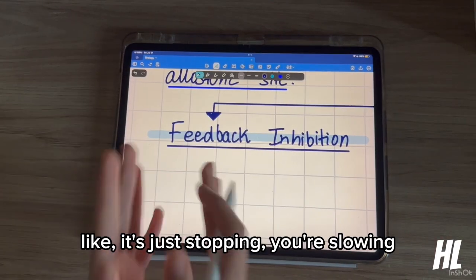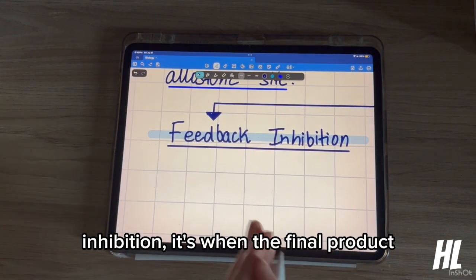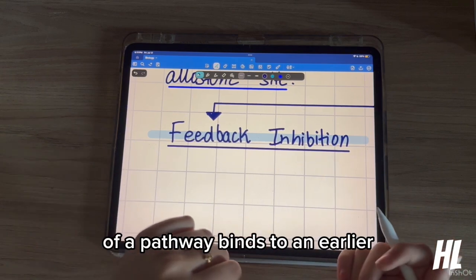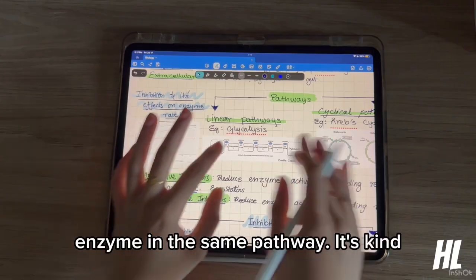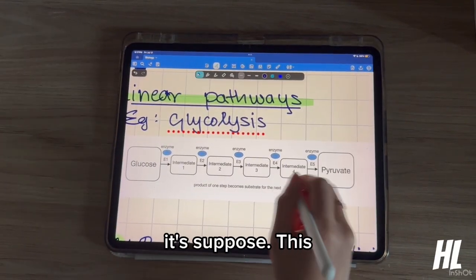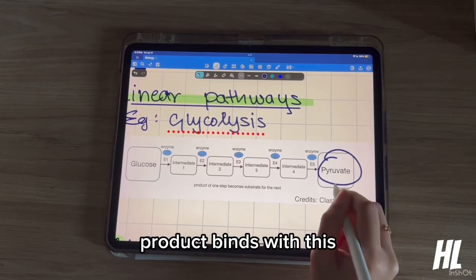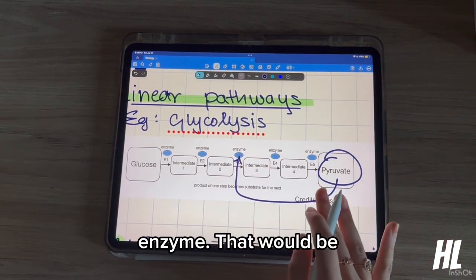First type, feedback inhibition. It's when the final product of a pathway binds to an earlier enzyme in the same pathway. It's kind of related to the linear pathways. So suppose this product binds with this enzyme, that would be feedback inhibition.